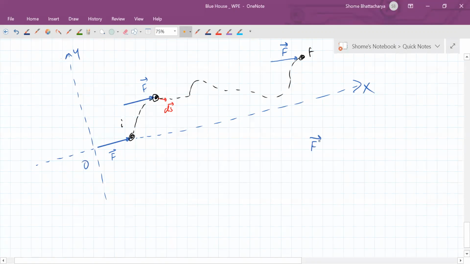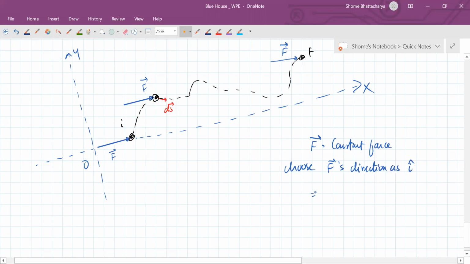So the force F being a constant force, suppose we choose F's direction as i cap.